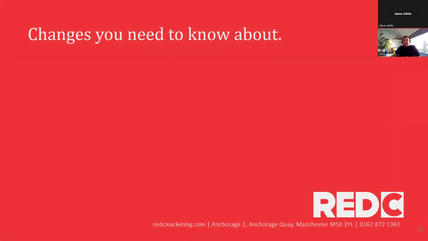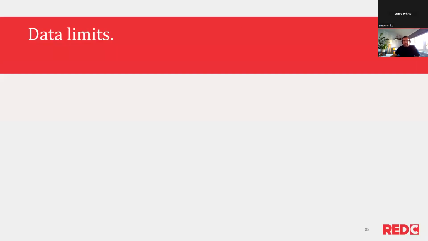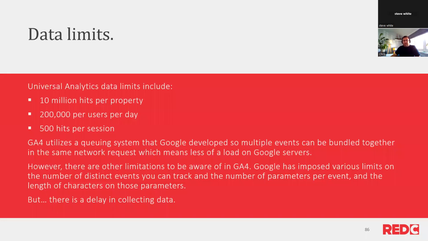Okay, so we're going to look at some changes that you need to know about. These aren't specific to configuration or admin settings or the data collection model. They're just things you really need to know before you start digging into GA4 itself. One is data limits. So in Universal Analytics, you had a couple of data limits per property, per user, and per session.